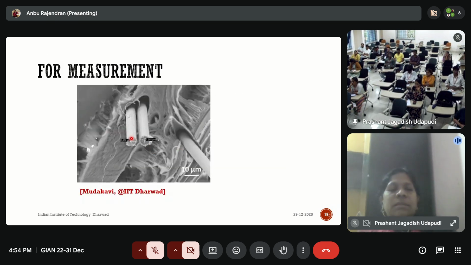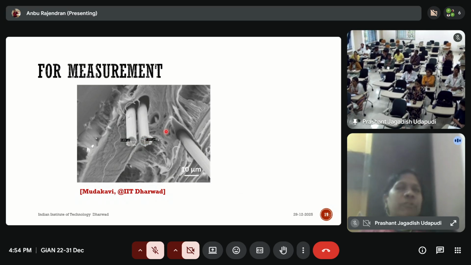This is a fiber reinforced matrix. SEM can be used for doing some measurement also. There will be a scale available, based on which, at whatever magnification you are looking at the picture, you can do the measurement. Here they have measured the fiber size.